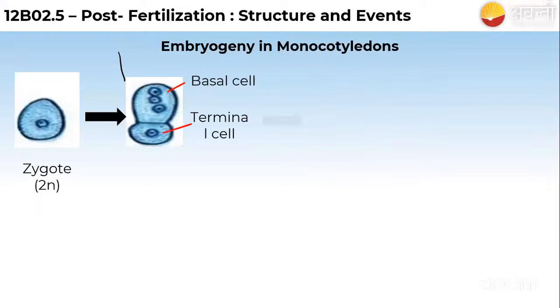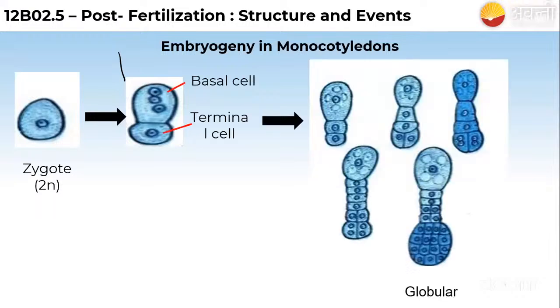So this is nothing but the embryogeny in monocotyledon. Thank you, Nikita. Thank you, Sushti. Thank you, Navya. So this is the embryogeny, meaning embryo formation, in the monocotyledon. As I told you, it is a similar way.